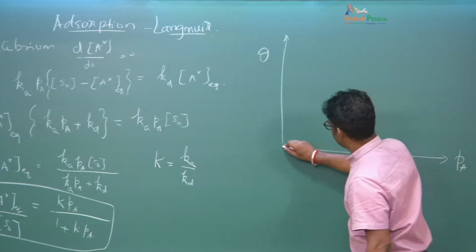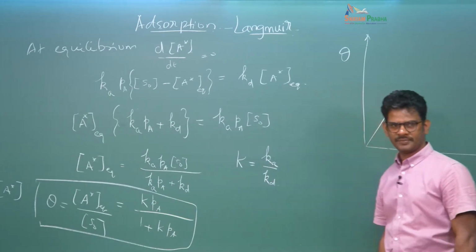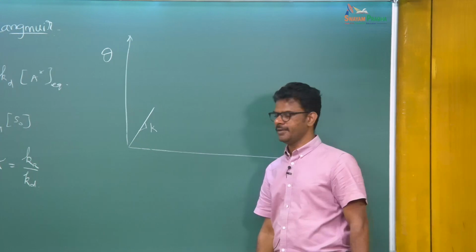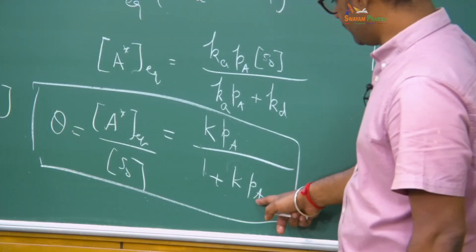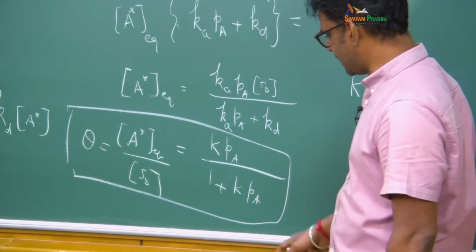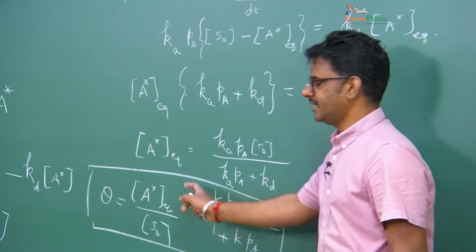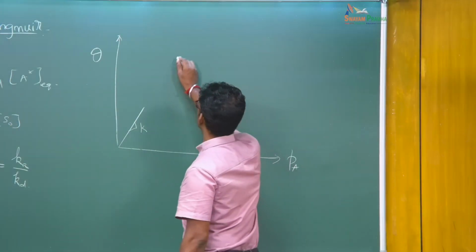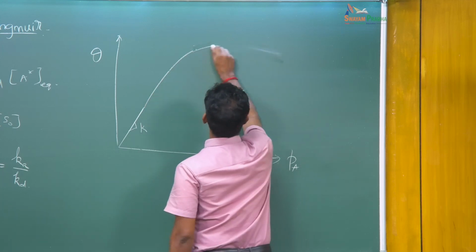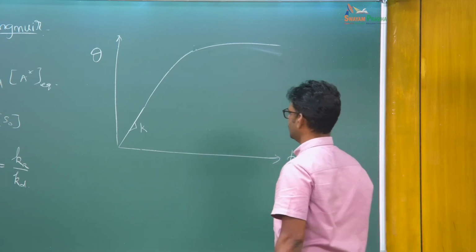So at a very low Pa, it increases proportionally to Pa, where the slope is the constant K. But when Pa becomes very large, this term is much more compared to this, and you will see that it basically reaches 1. So in reality you will see something like this.